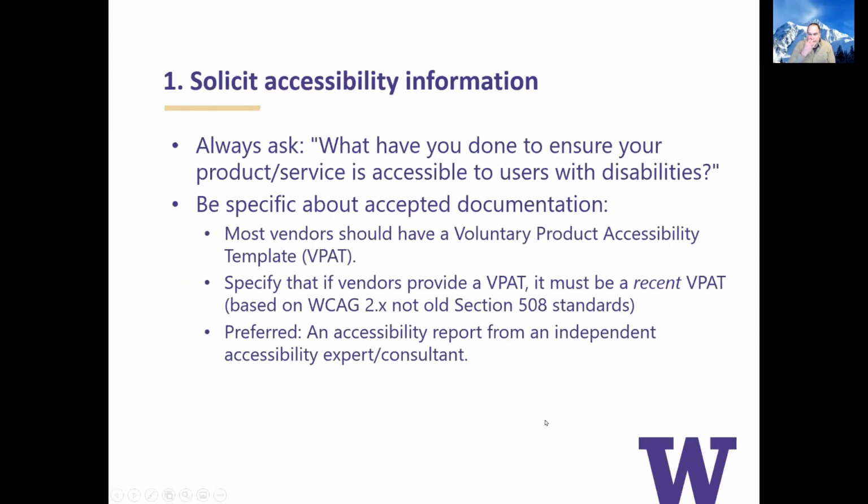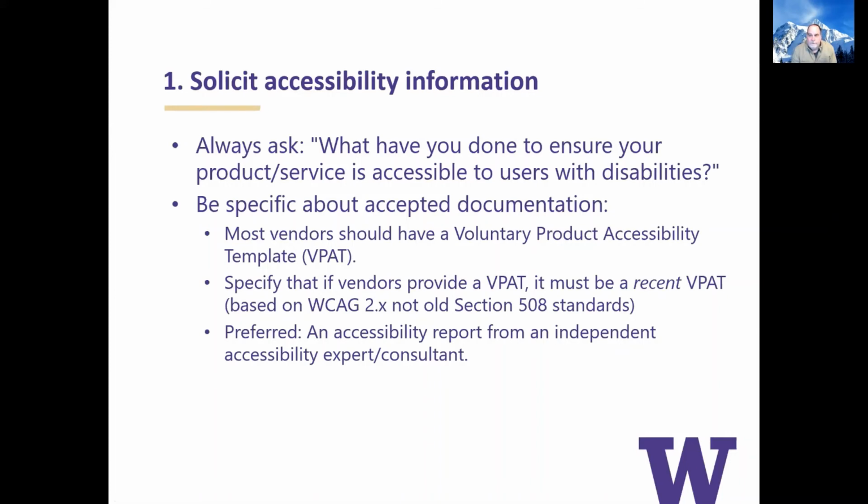So when we solicit accessibility information, there's some questions that we can ask. Again, we've got some checklists for these sorts of questions on our website to ask some very pointed questions. We want specific answers in their documentations.